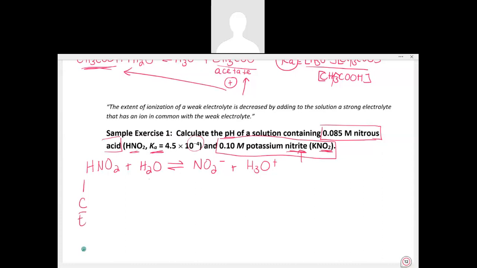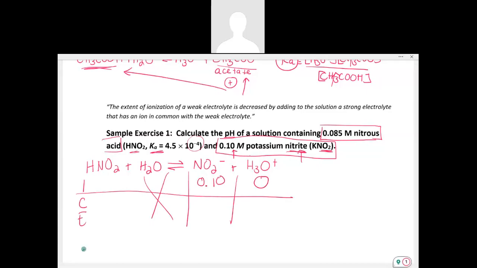So how do we set up our ice table? Well, the same way that we would without having any initial common ion. So we would have 0 hydronium here. So the only thing that's going to change is going to be our column with the nitrite. We're going to add our 0.1 molar here to the initial. So we're going to put in that we initially have this over here instead of 0.